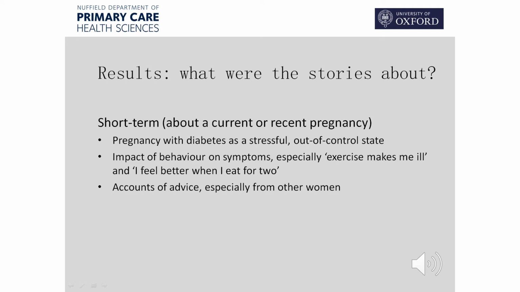They described a lot of physical symptoms and the impact of their behaviour on those symptoms. For example, many of them described exercise as making them feel unwell. They had to go to bed after they attempted to exercise, or the feeling that eating during pregnancy made them feel better. And this again was very common across different South Asian groups in London.